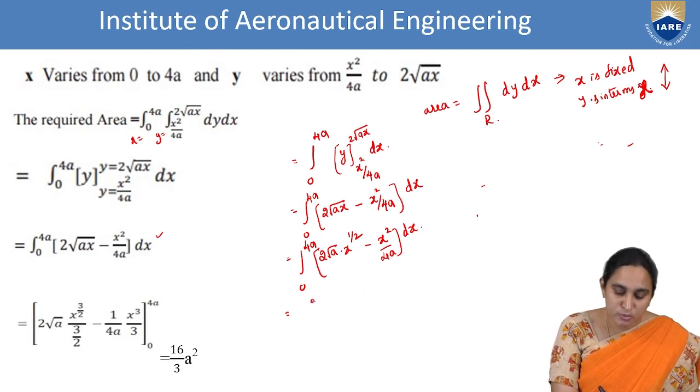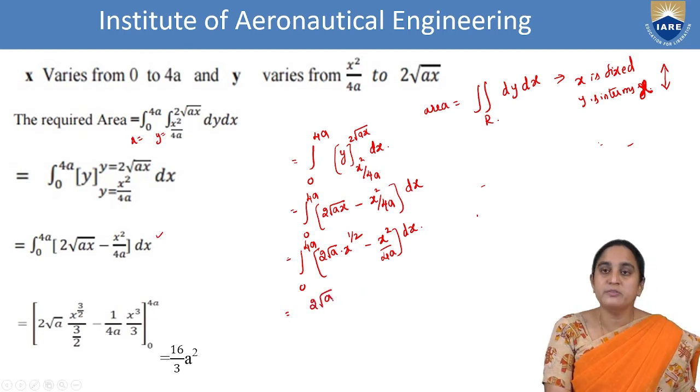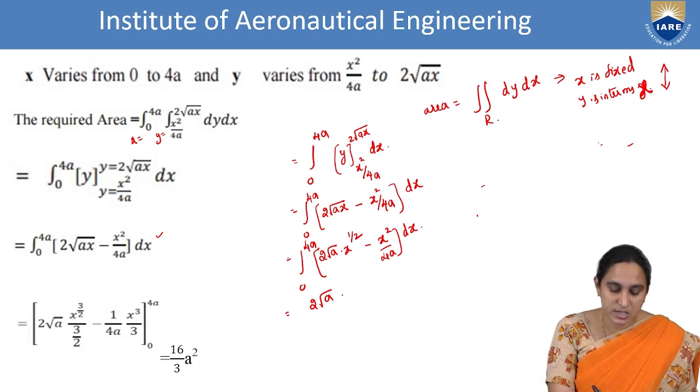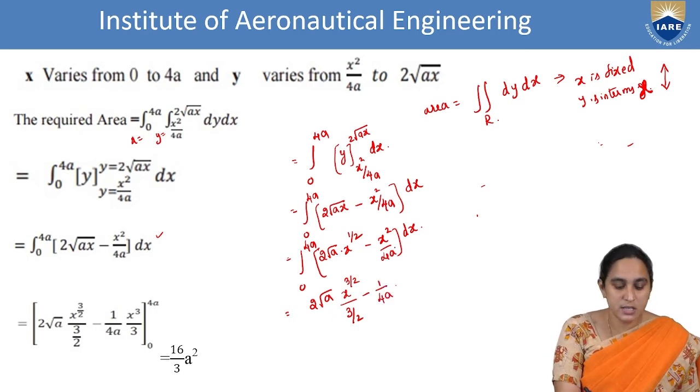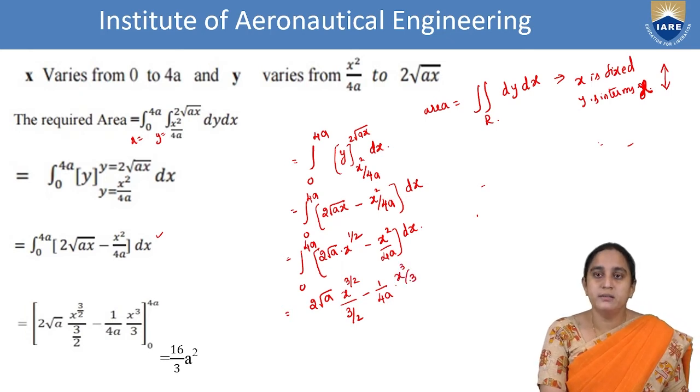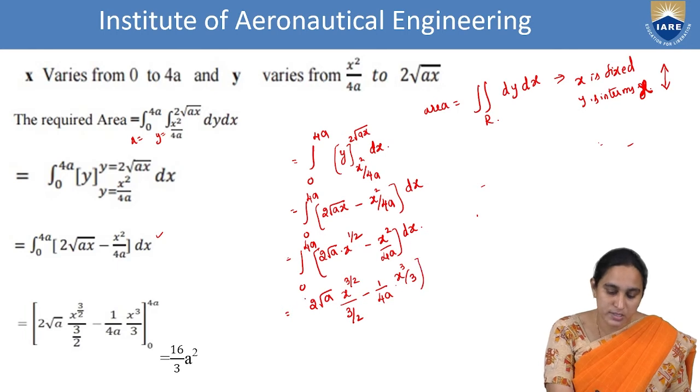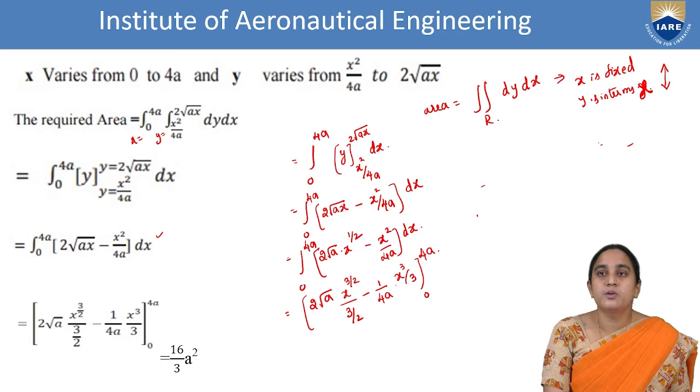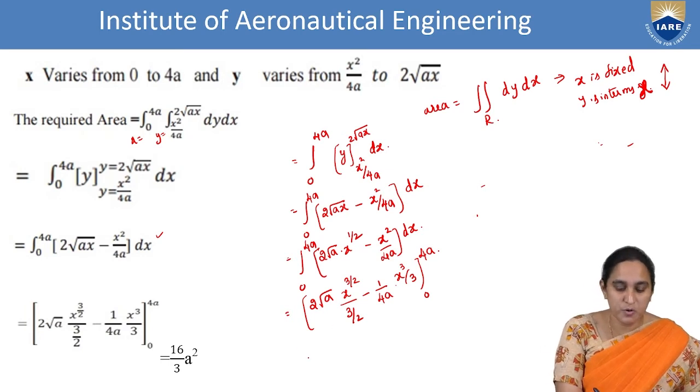That is 2 root a into x power 1 by 2, whose integration is x power 3 by 2 by 3 by 2, minus 1 by 4a into x square, whose integration is x cube by 3. The limit points are 0 to 4a.